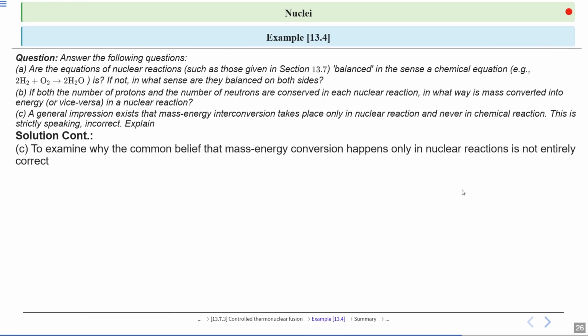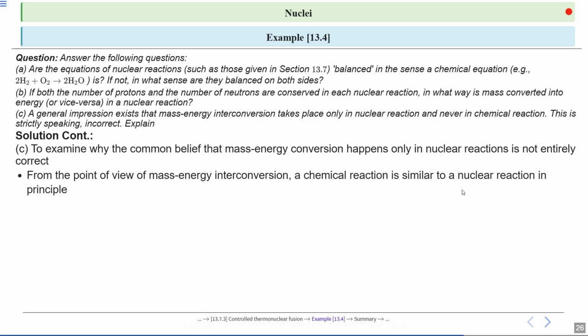Let's start by examining why the belief that mass-energy conversion only happens in nuclear reactions is not completely correct. Notice that in principle, chemical reactions also involve mass-energy interconversion, just like nuclear reactions. The main difference is that the amount of energy involved in chemical reactions is much smaller, but the underlying principle is the same.